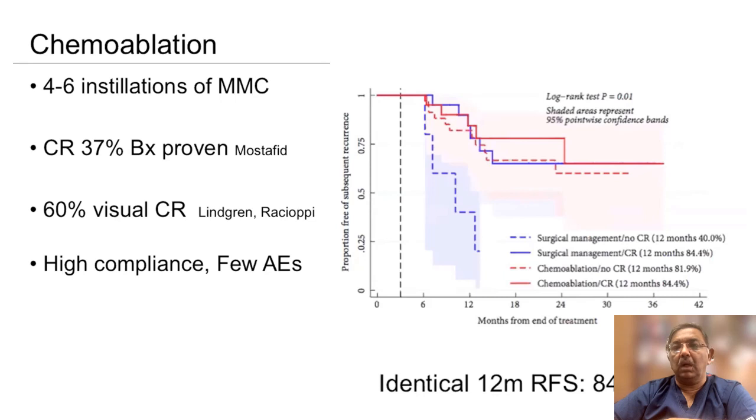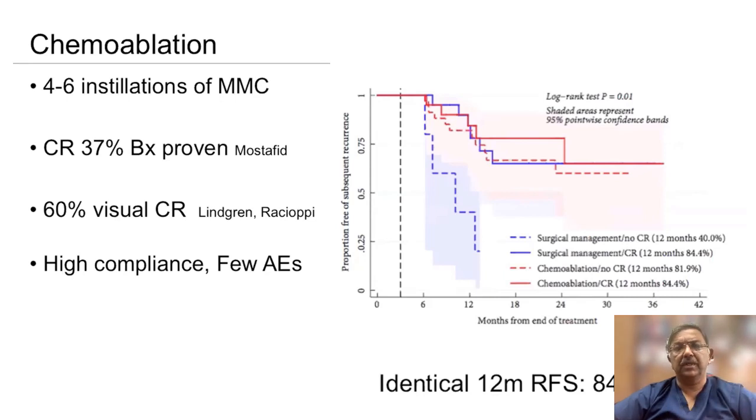Now, how to treat these patients who cannot even have a proper TURBT? This is interesting data on chemoablation: patients who've got low or intermediate risk cancers in whom surgery is difficult or not possible because of the significant risks can be chemoablated, and a cure rate is seen in 1 in 3 patients, so about 37%, which is biopsy proven.